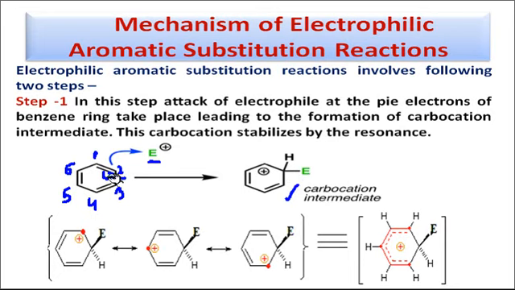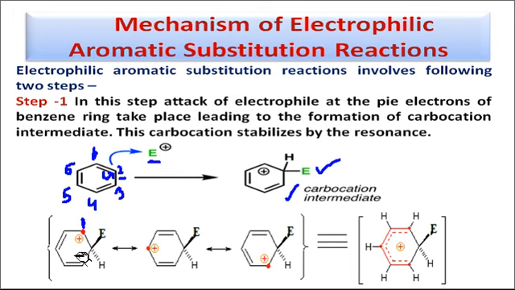Due to this, carbon atom number 1 becomes electron deficient, and the positive charge goes onto carbon atom number 1, and finally the carbocation intermediate is formed. So here the positive charge lies with carbon atom number 1.